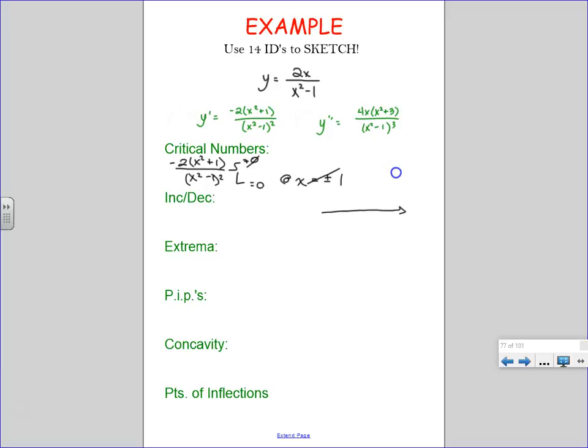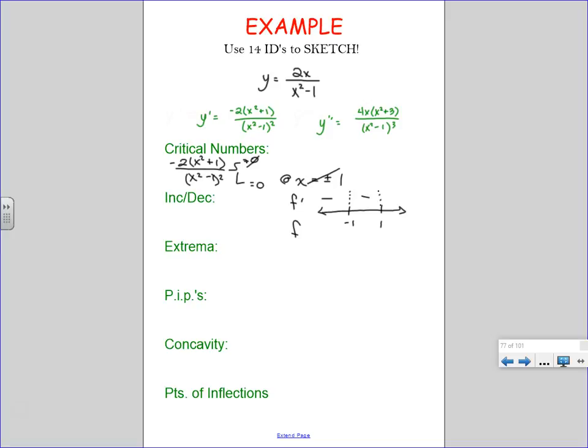So when we go to do our increasing decreasing chart, we're just going to put in our vertical asymptotes, negative 1 and positive 1. We're going to test into the derivative f prime. If I plug in a negative 2, that squares to be a positive. Positive times a negative all over a positive is a negative. If I plug in 0, that's a positive over a positive times a negative.